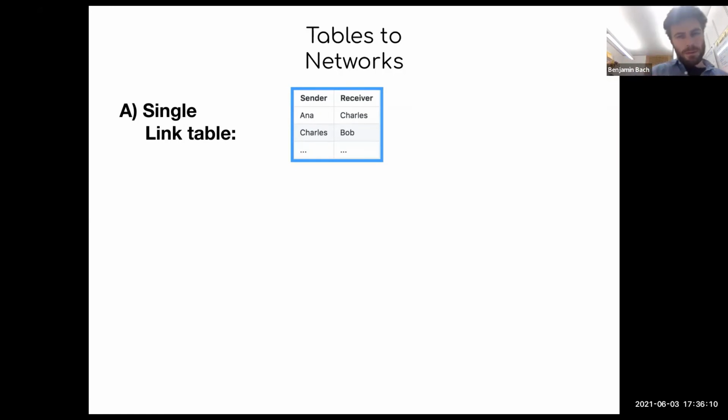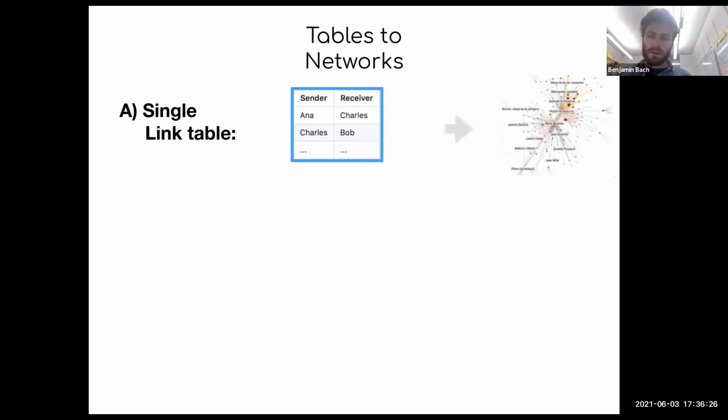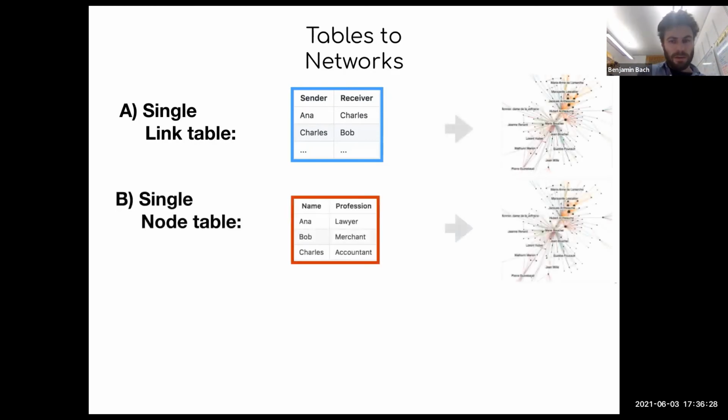So the first type of table that you can import is a link table. A link table is basically specifying, as I've said to you already, one link per row. And you can create a network just out of a link table. The second option is you have a node table. This is really good when you have a genealogy network.